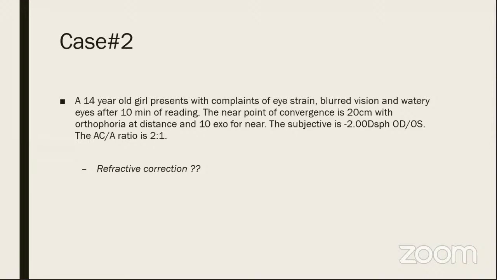I guess most of us know the diagnosis just by seeing the phoric status. It is a case of convergence insufficiency itself. What I'm trying to convey to all of us is that, apart from refractive status, the presence of different types of non-strabismic binocular vision dysfunctions plays a very important role in deciding the subjective refraction.